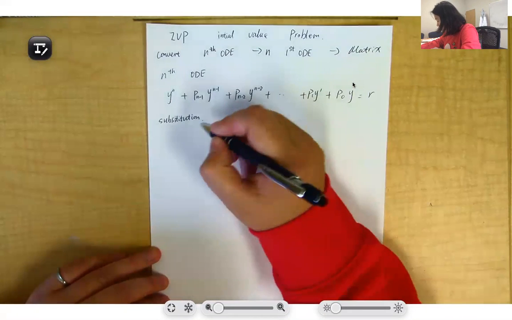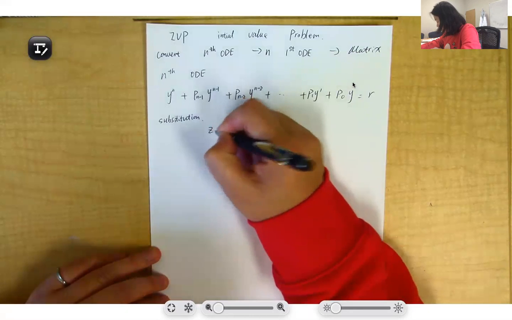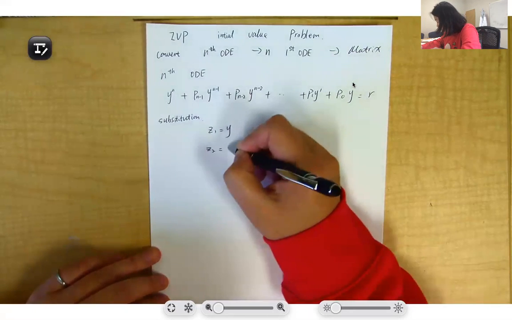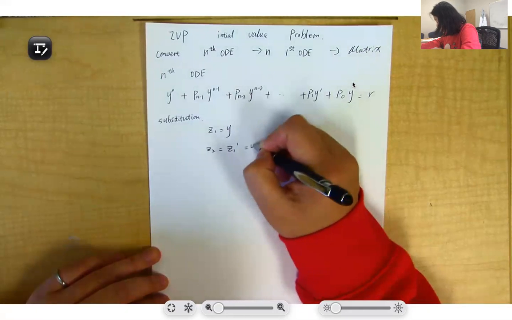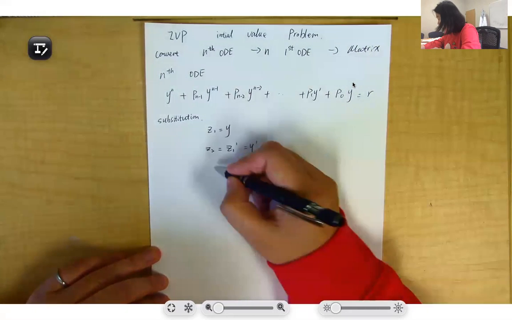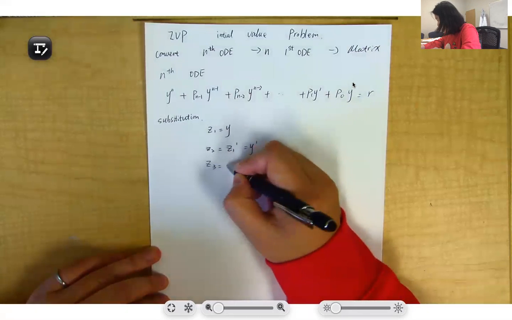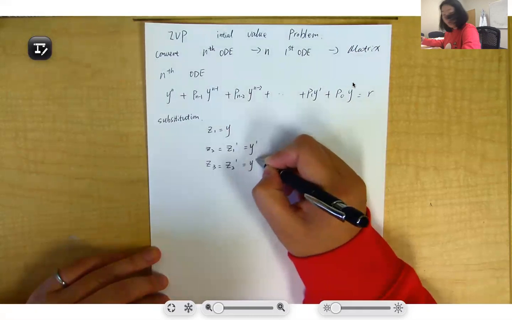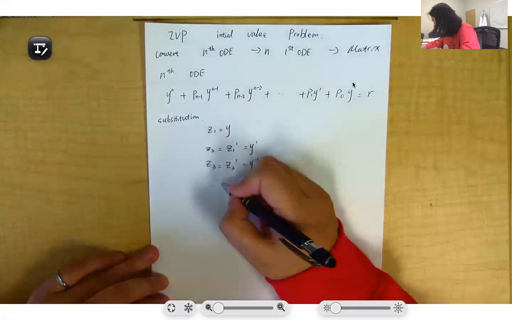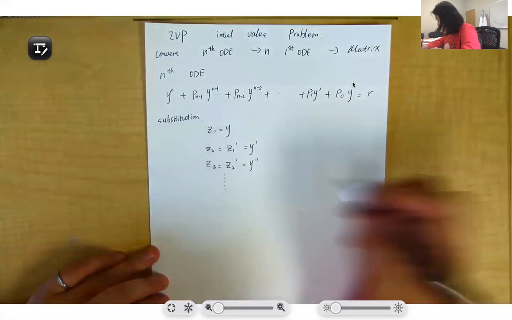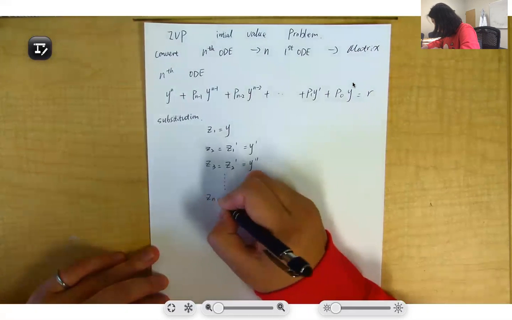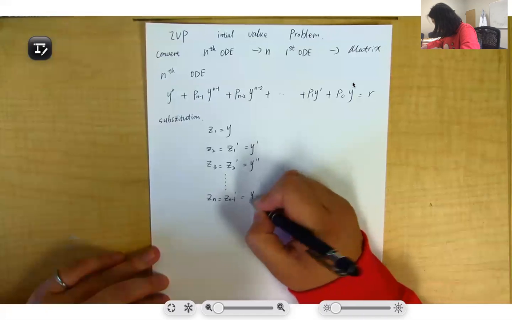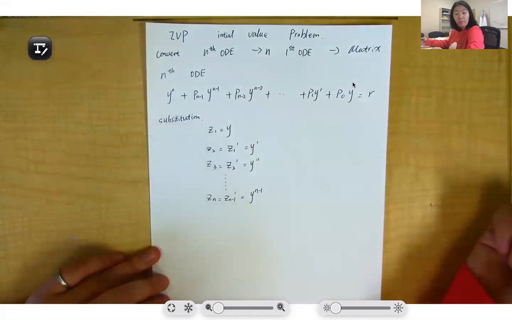We can set z1 equals y, z2 equals z1 prime equals y prime, z3 equals z2 prime equals y double prime. Then we continue until zn equals z_{n-1} prime, which equals y^(n-1).